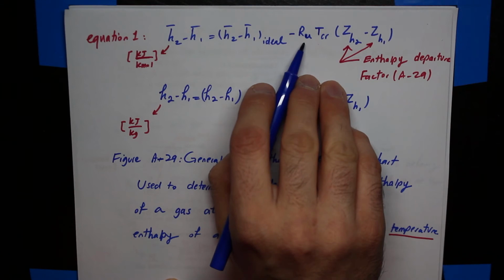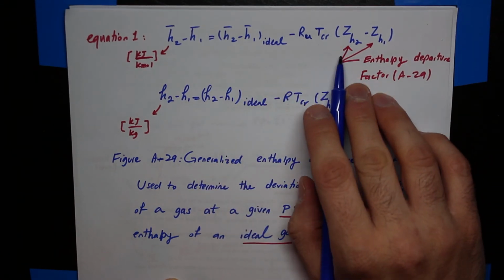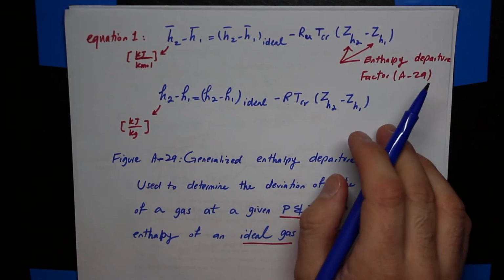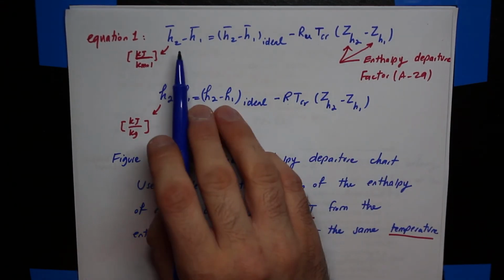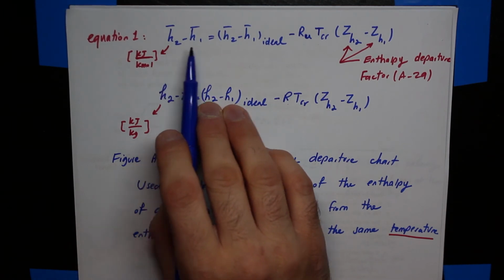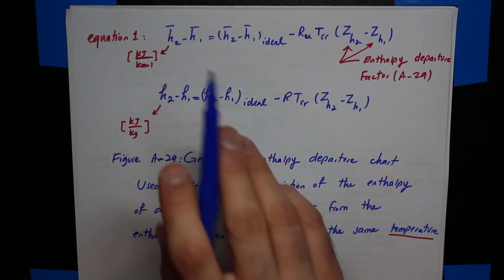And then we have the universal gas constant, the critical temperature, and ZH, which is called the enthalpy departure factor. Now, this correlation is obtaining the difference in enthalpies whenever the gas is going from state 1 to state 2.